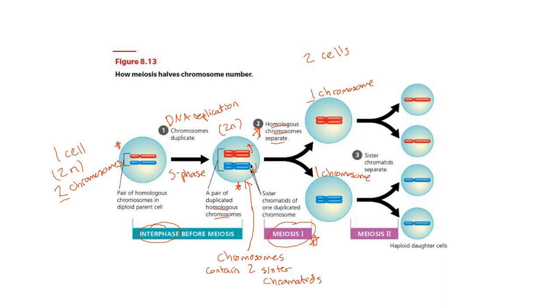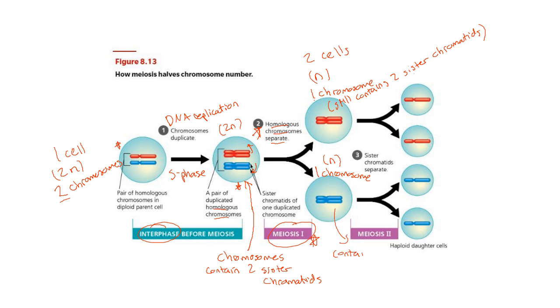In other words, these cells are now haploid because they have one chromosome each. However, this chromosome still contains two sister chromatids, and this chromosome, guess what?